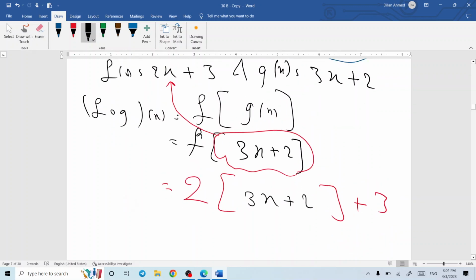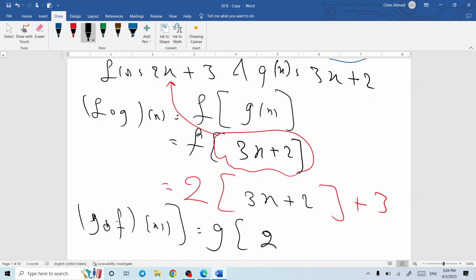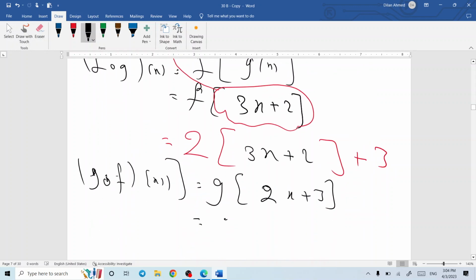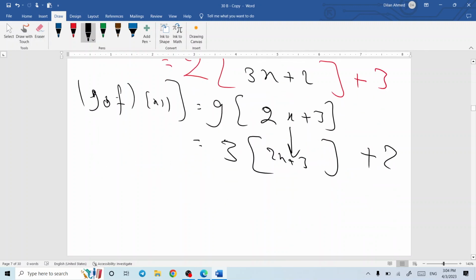How about if I ask G circle F? Again, I say it is equal to G of F of x. Then instead of G I have 3 box plus 2. Put the box here, 2x plus 3. I think it's easy. How about G circle G?